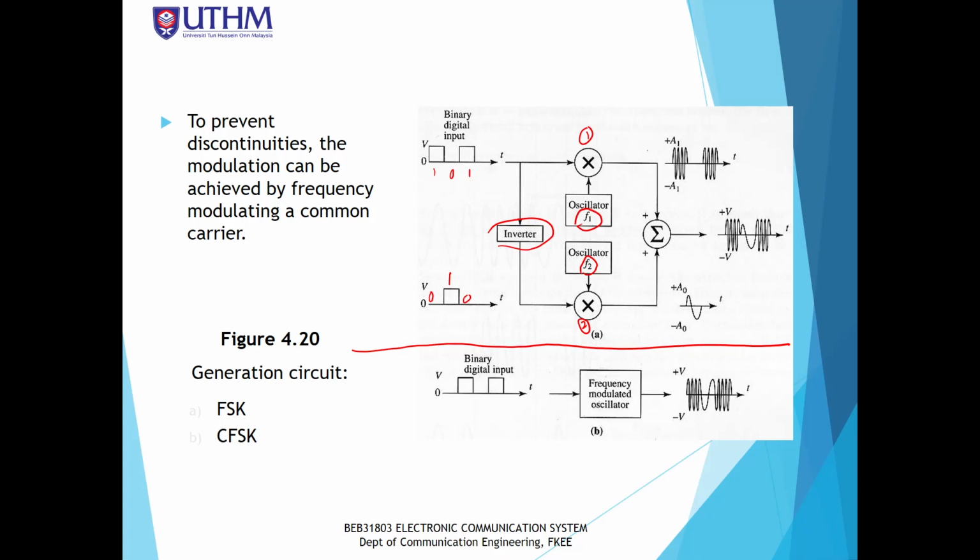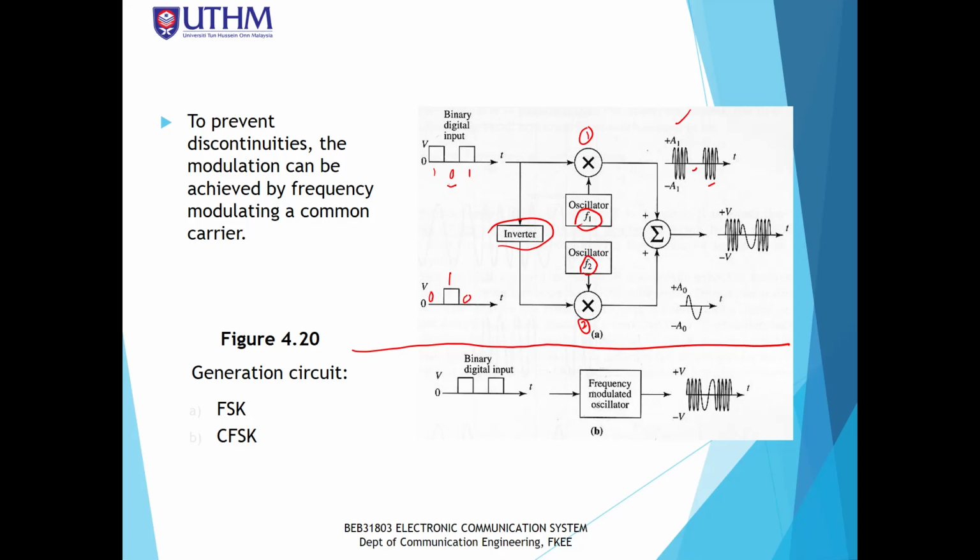When we supply to the balance modulator, it will do the process of multiplication in the time domain. The oscillator is generating a sine wave, so 1 multiplied with the sine wave produces a signal. Input logic 0 multiplied with anything is going to produce 0 output, and input logic 1 produces a sine wave at the output. So this is like an ASK process.